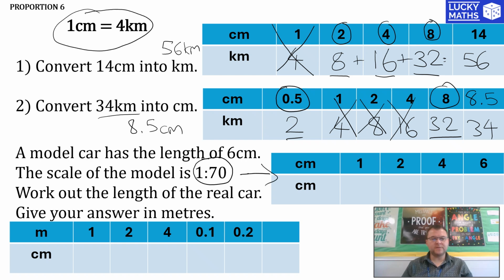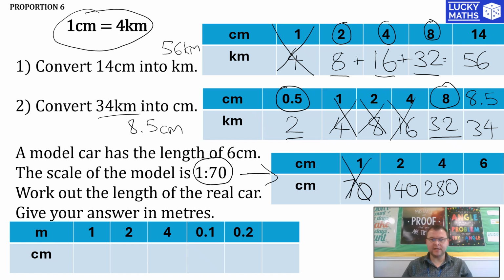1 centimetre for the model car represents 70 centimetres in real life. So therefore 2 centimetres would be 140 on the real car. 4 would be 280. Let's be careful though, I'm not going to double 4 now because it won't get me 6.